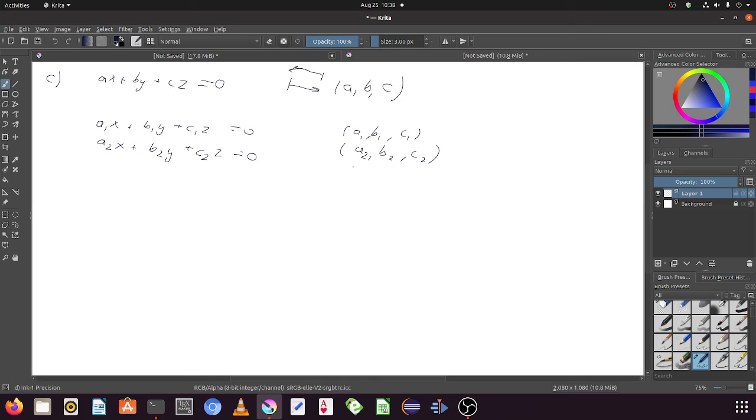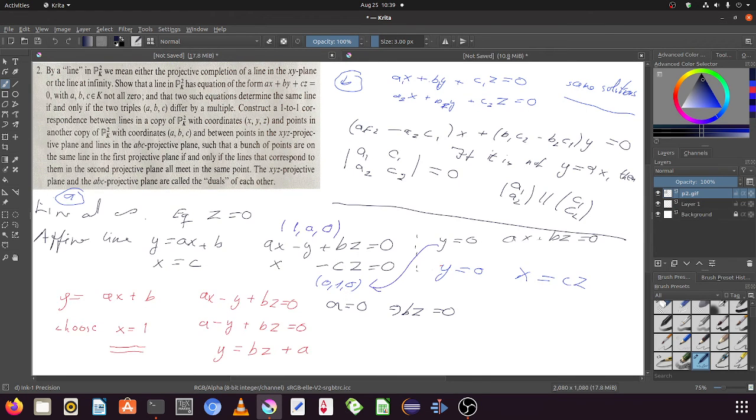Which line? Let's read it again. So I kind of did it wrong, didn't I?